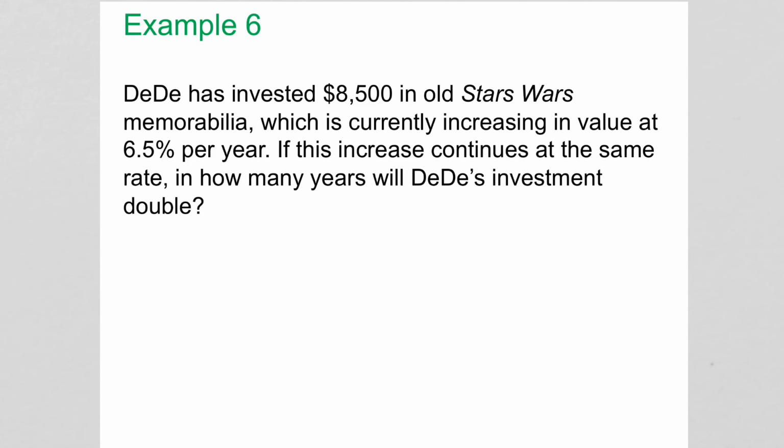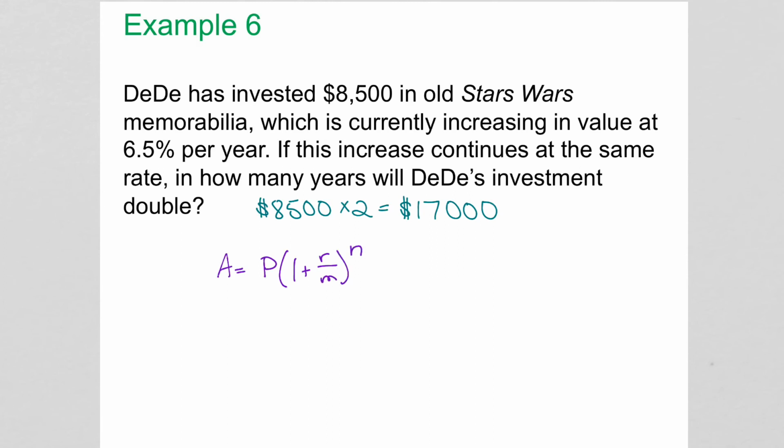So we're wanting this to double, first off. $8,500 doubled is $17,000. So let's write down our formula here. Our initial amount is $8,500, and we're trying to double to $17,000.